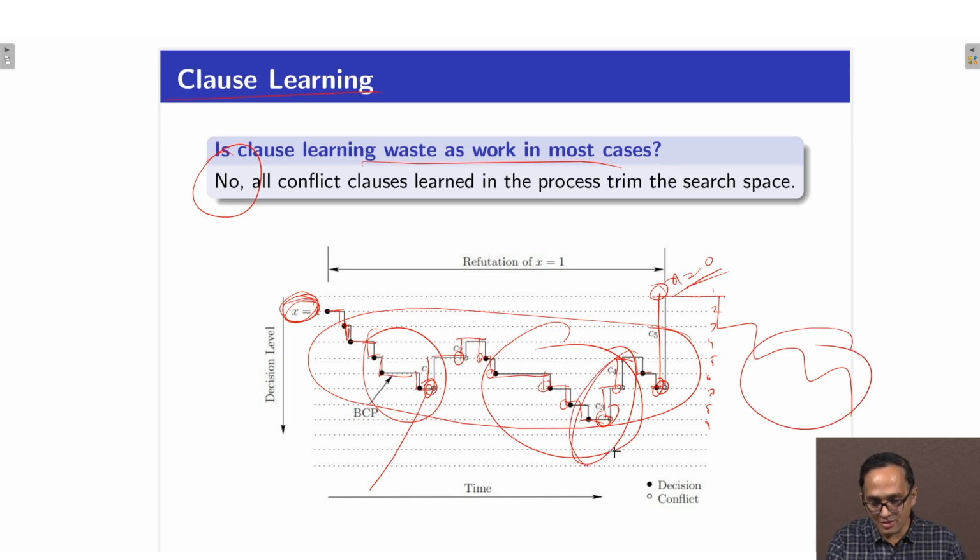So, whatever clause learning happens, even if your initial decision was wrong, is not a waste of work, it is actually useful in subsequent passes. That is why this DPLL algorithm is so popular and so powerful.